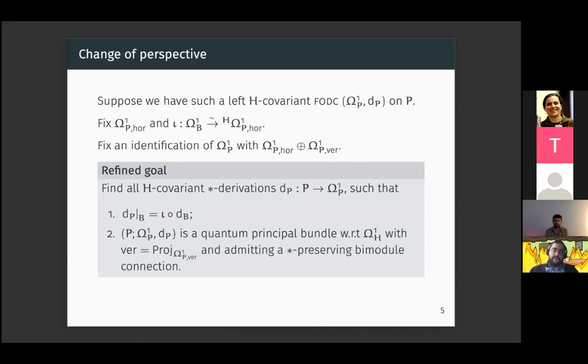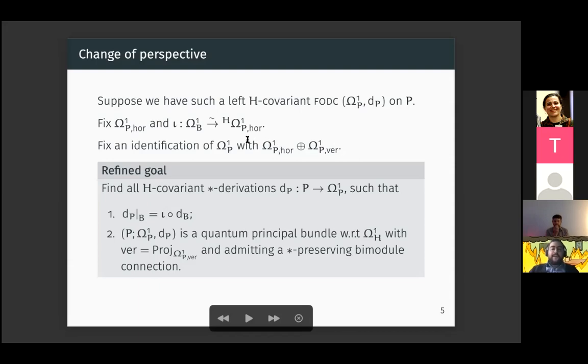Let's fix the subbimodule of horizontal forms. Let's fix this identification of the one forms in the base with the co-invariant horizontal one forms. And let's fix an identification of the total one forms with a direct sum of vertical one forms and horizontal one forms.